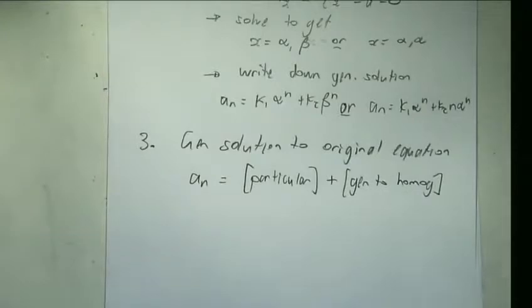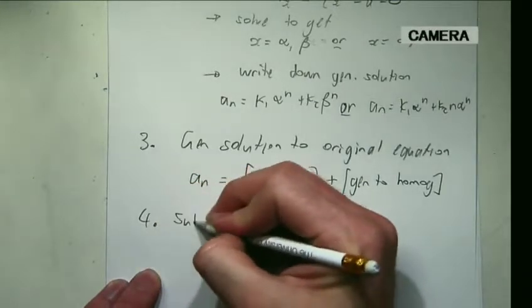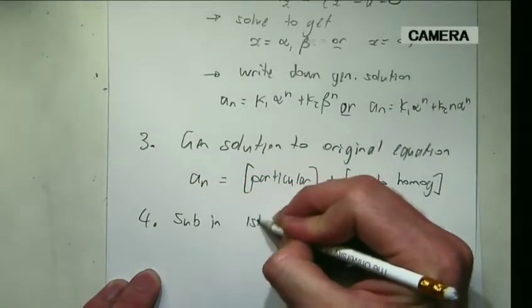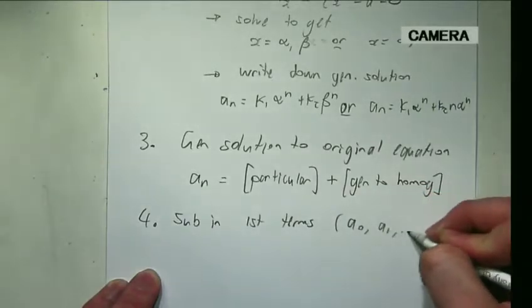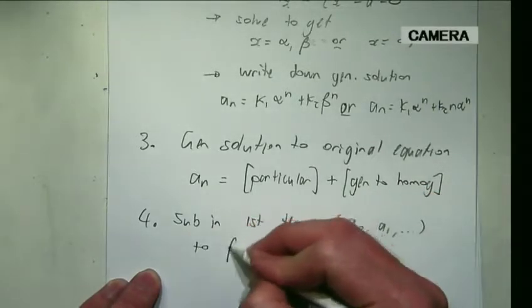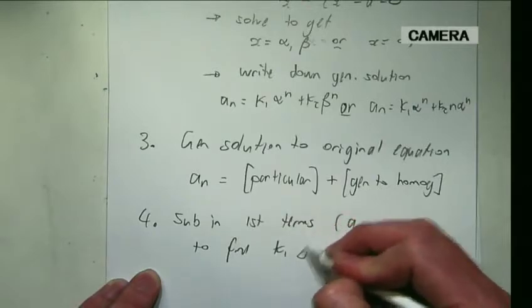Okay, and then there's often a step 4, which is that you use the fact that you know what A0 and A1 and A2 are to sub them in to figure out what the K's are. So sub in first terms like A0, A1, to find K1 and K2.